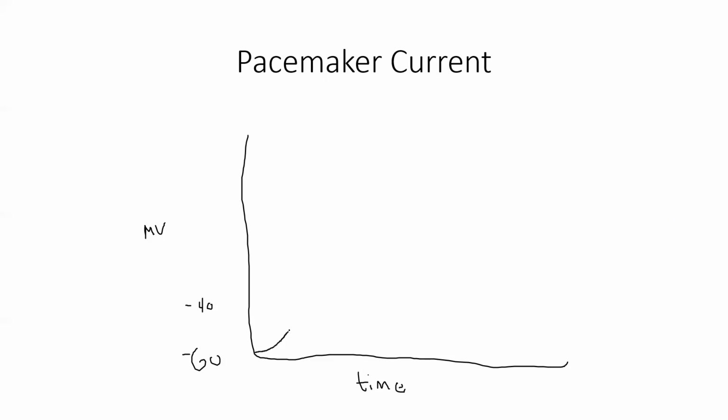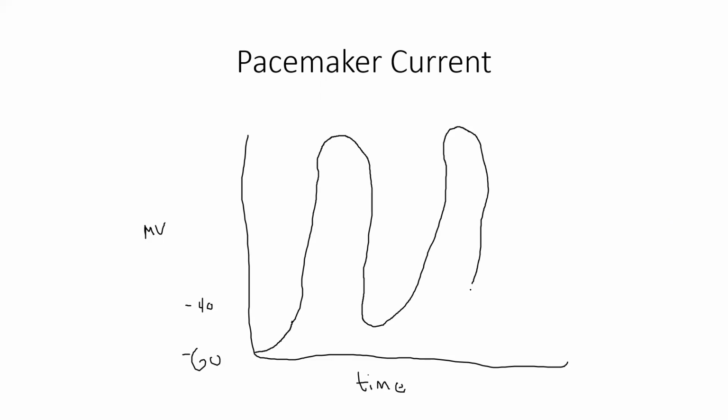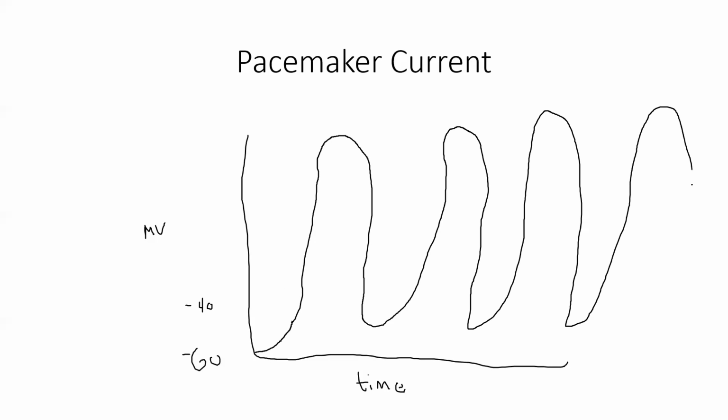So we see a kind of increase, and then we see a rapid increase, and then it goes down. Going all the way down, it quickly goes back up, and again quickly goes back up. There's a reason why I drew multiple of those, and you'll see in a little bit.